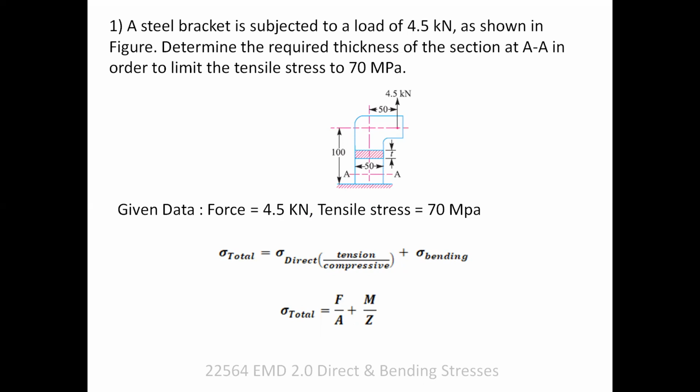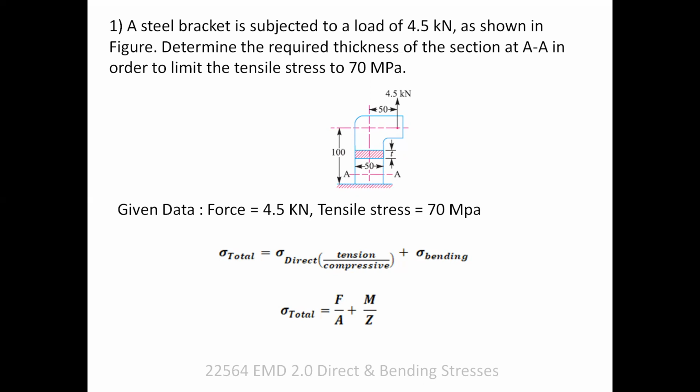If you visualize that particular figure, you will find that if I try to pull with that 4.5 kilonewton, the section of that bracket is subjected to tensile stress plus compressive stress at the left side.